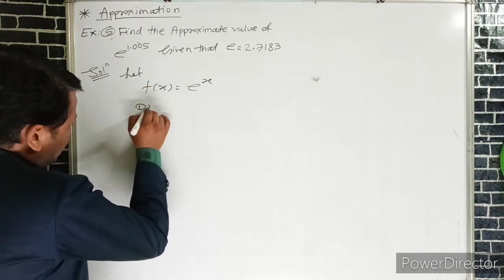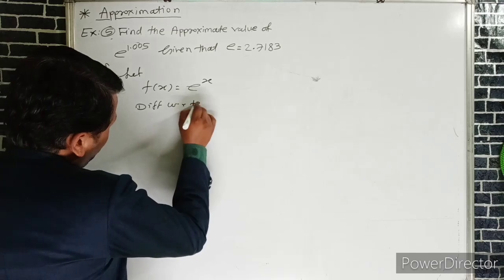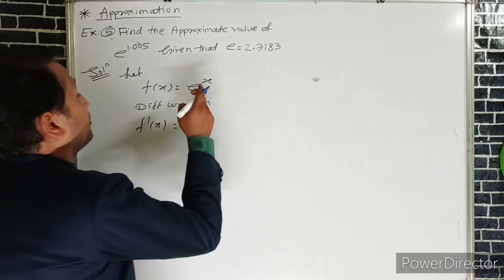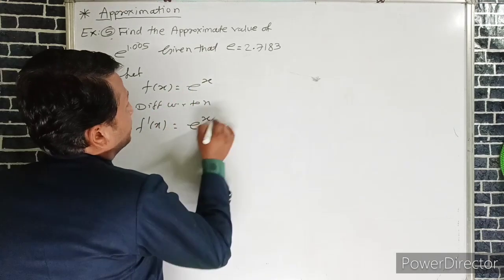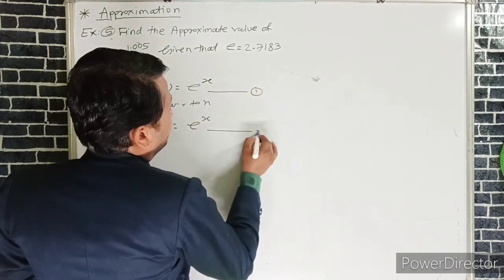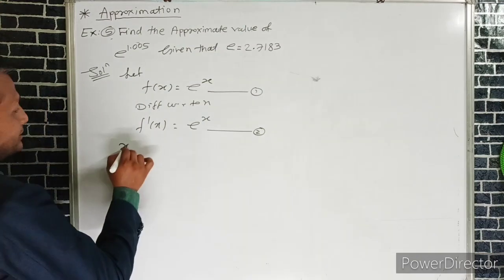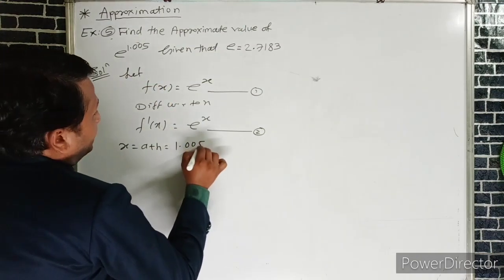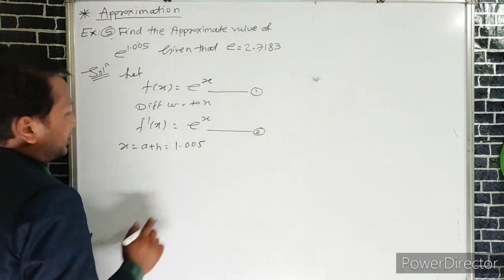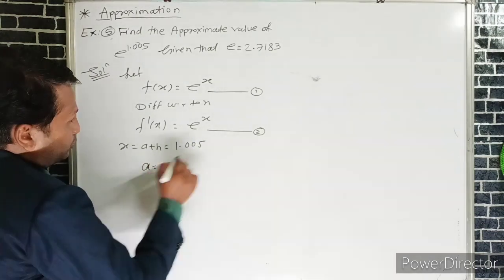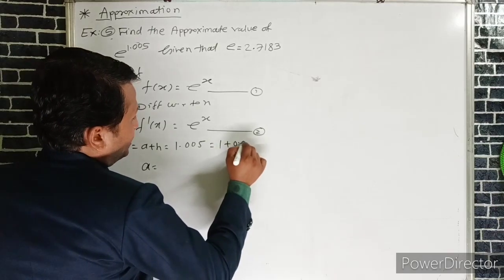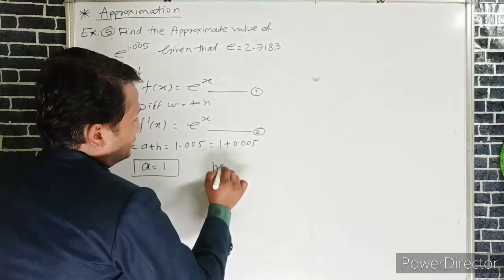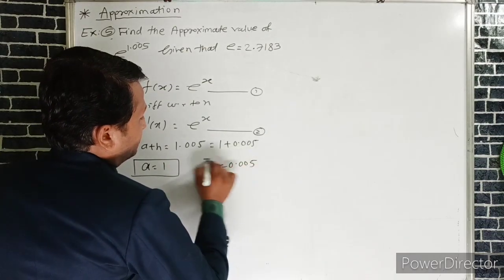If we differentiate with respect to x, we get f dash of x, and the derivative of e to the power x is also e to the power x, which is number 2. Let x be equal to a plus h, and the value of a plus h is 1.005. By splitting, we can say a is equal to 1 and h is equal to 0.005.